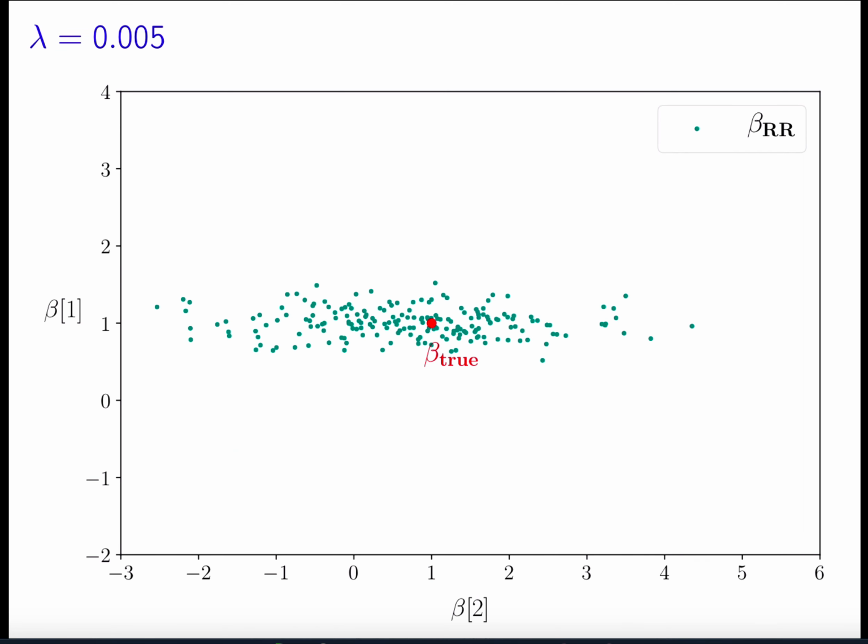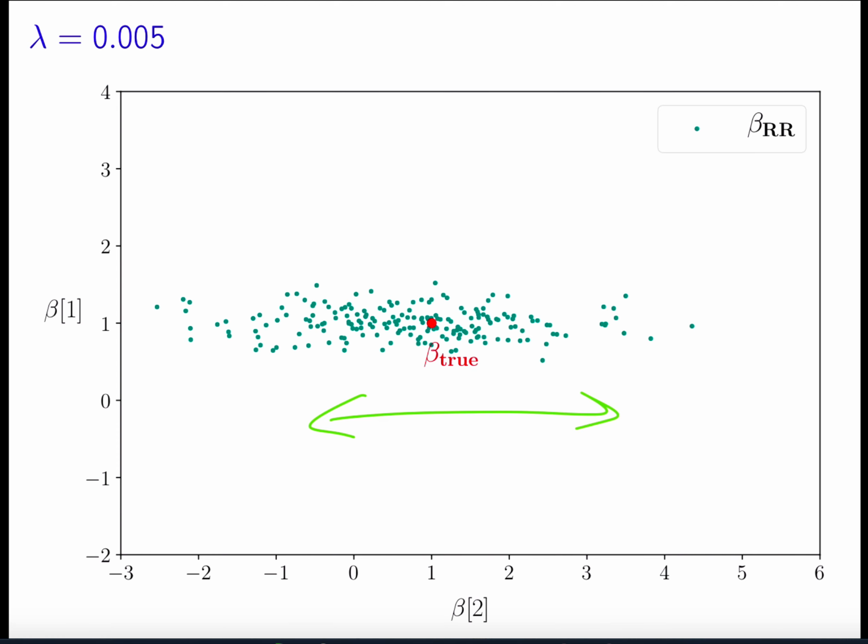Now we're going to look at an example where we have a covariance matrix that follows a simple example that we used already to analyze ordinary least squares, where in one direction in particular we have a very small singular value.